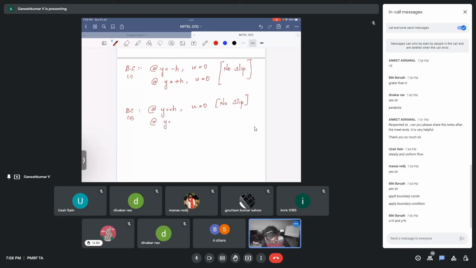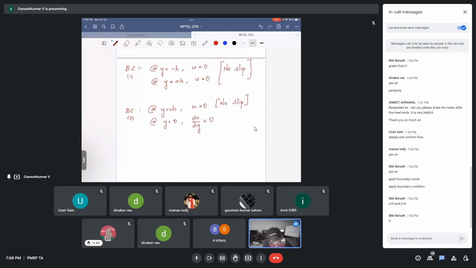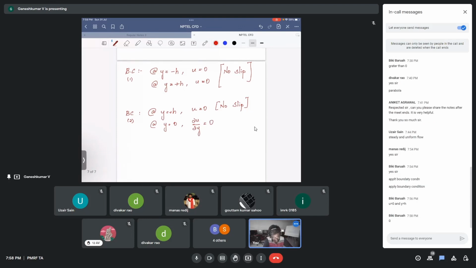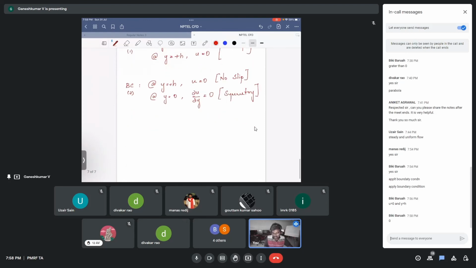At y equal to 0, which is at the center, the dou u by dou y would be, can you guys guess? Zero. Right. So this is called the symmetric boundary condition. Finally, let me state the final velocity profile.